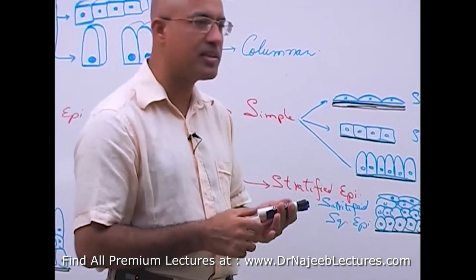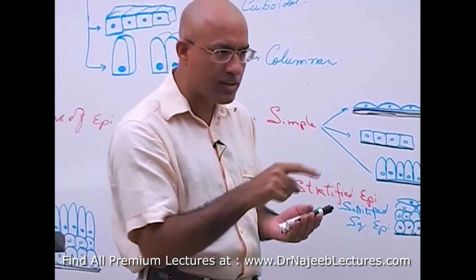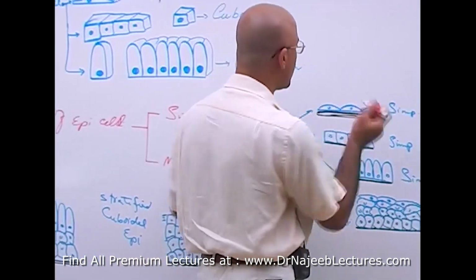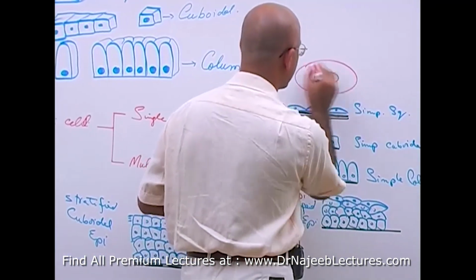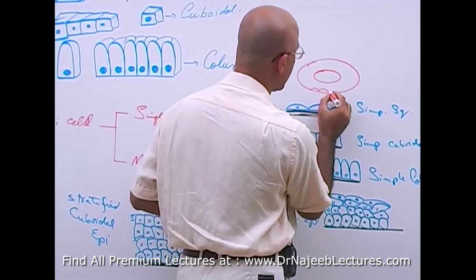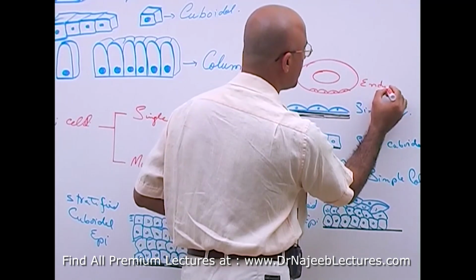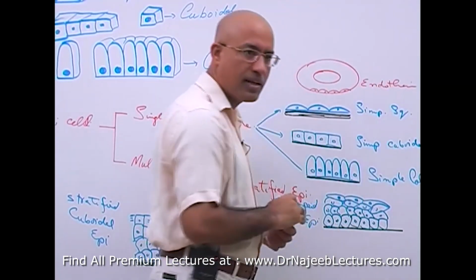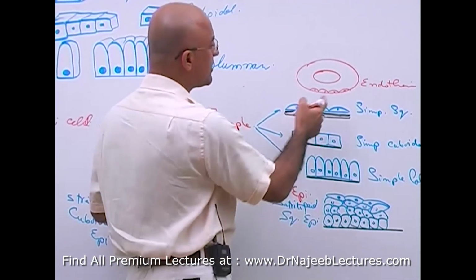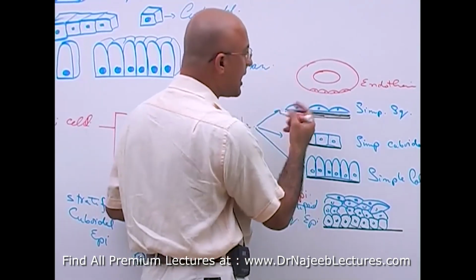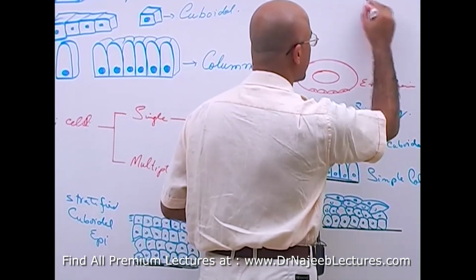Simple squamous epithelium lines the cardiovascular system, right? For example, the blood vessel system, the epithelium which lines it, the simple squamous epithelium, is called endothelium.